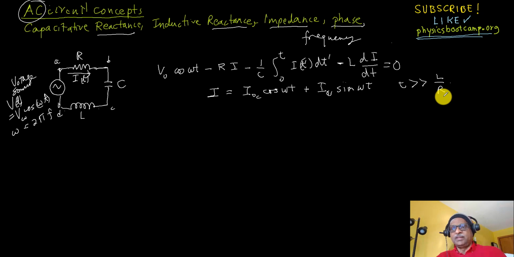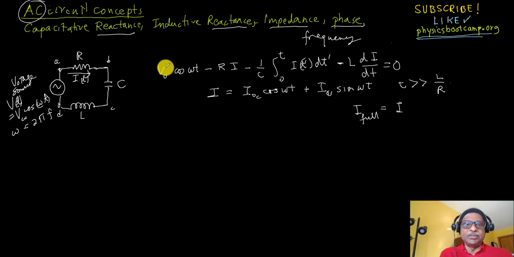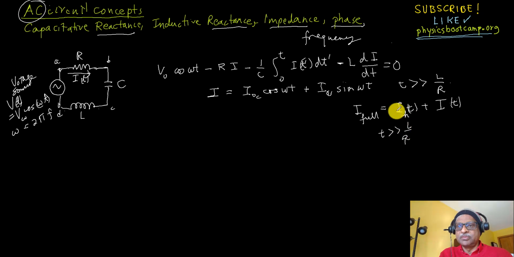The larger the resistance, the shorter the damping. So the full I will be an I where this thing is 0, a homogeneous I, and then this I. It turns out that when t is much greater than L over R, the homogeneous part IH of t becomes much less than I of t.